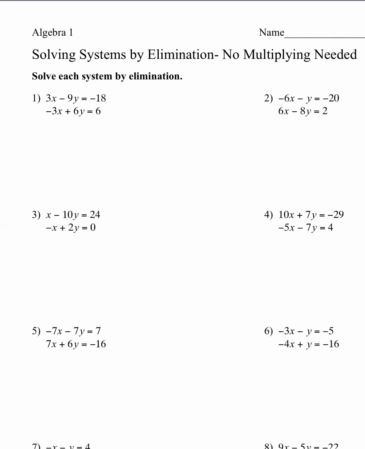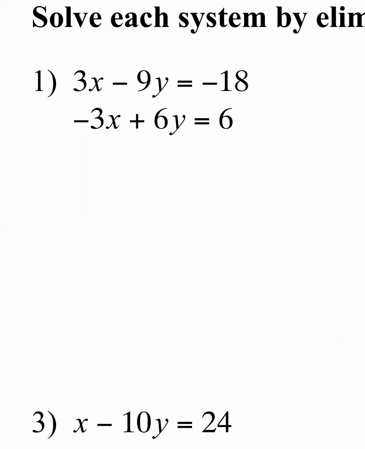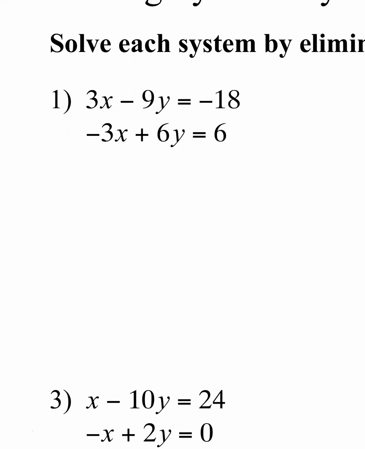So the first thing that you need to do when you're going to solve by elimination is make sure that both of your equations are written in the same order. Let me zoom in right here. By the same order, it doesn't matter what the order is, but they need to be in the same order. So if you look at the very first one, see how it has an x term, a y term, equals some number. I just need to make sure that my second equation is in that same order.